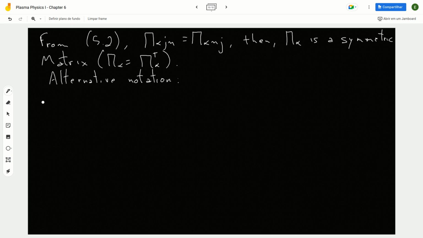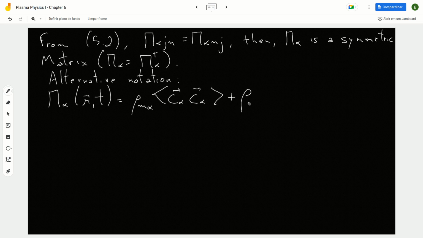Based on 5.3, you know that alpha rt will be given by rho m alpha times c alpha plus u alpha. Okay, based on 5.3.